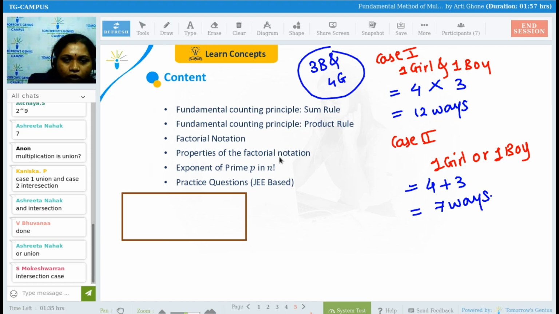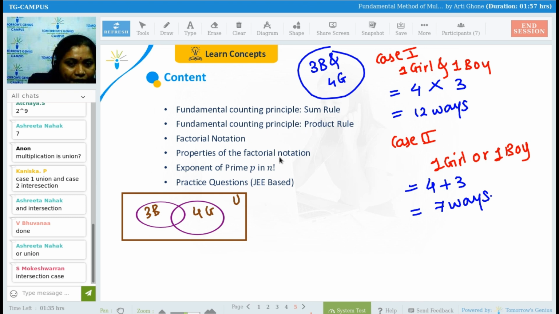This is my rectangle of the complete set, universal set U. Then under that I am representing two circles. A set of girls, B set of boys. I am keeping the girls set bigger, so we have more girls and 3 boys. Okay, clear? Now I just want to select a girl and a boy.